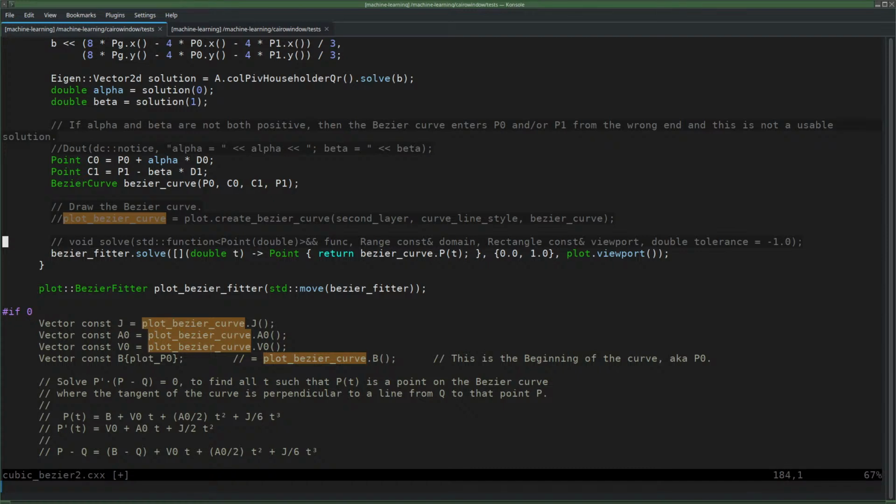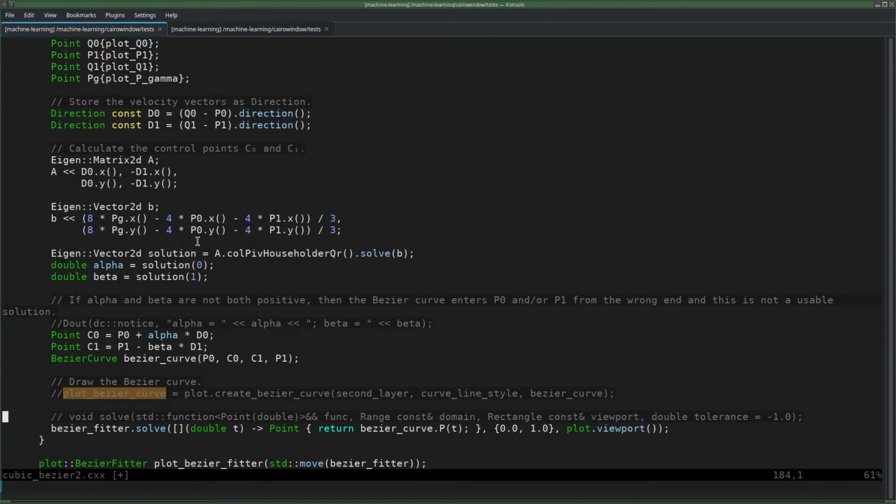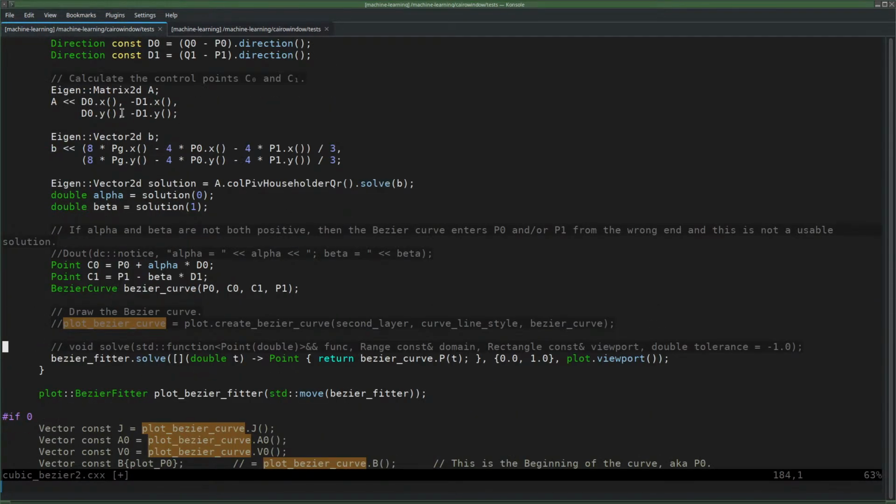Right, so my attempt is as follows here. I create a Bezier curve here, whatever Bezier curve. And we can of course draw that one using plot dot create Bezier curve, which then will draw the thing because plot is involved.